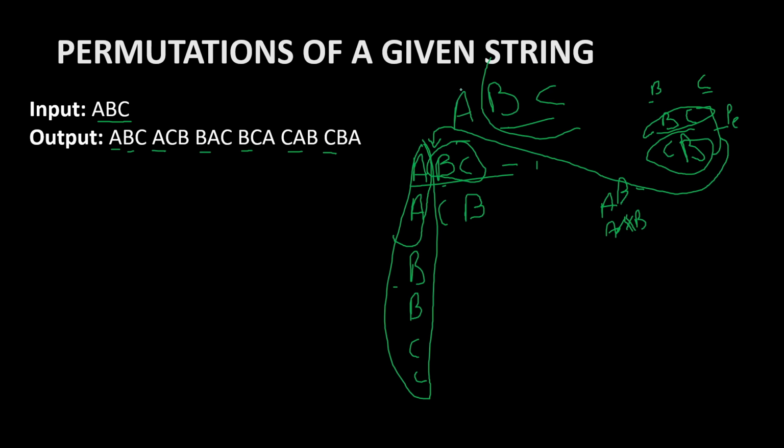In the first loop, after the A work has been finished, now we have to get the values of B. Now when we are fixing B, AC are the remaining characters. Now AC are the remaining characters and we will send this into a recursion, and the recursion will divide this value till only one value is remaining. So we fix this one value. We fix this leftmost value this time.